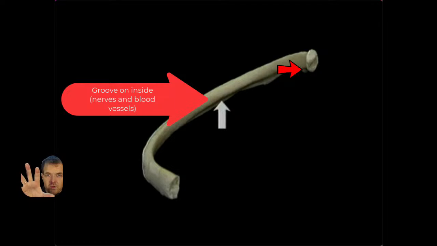As it emerges out of the thoracic spine, it travels along this groove to supply all the way around to the front of the ribs. If you've ever heard of shingles, those are the nerves that are affected, and that is why the rash follows the line of a rib.